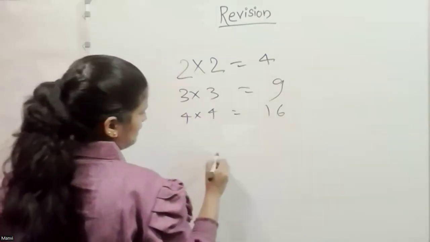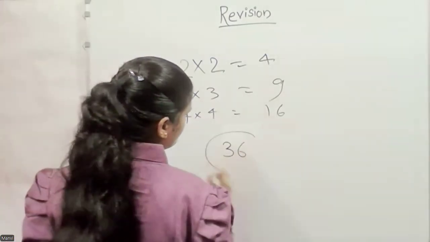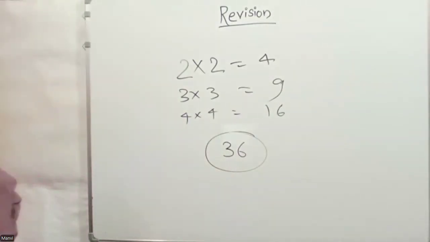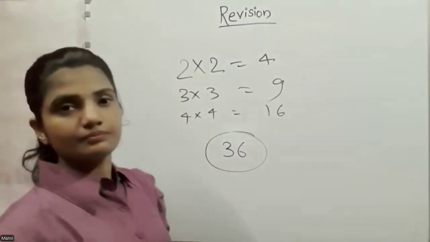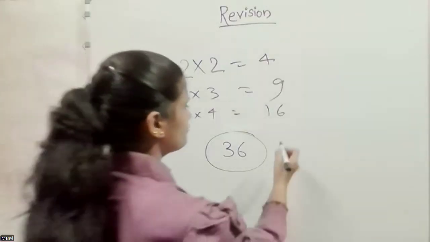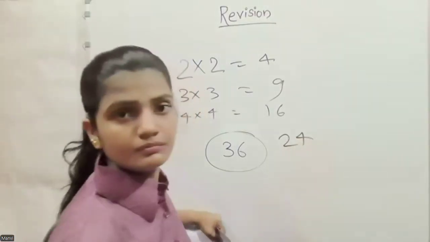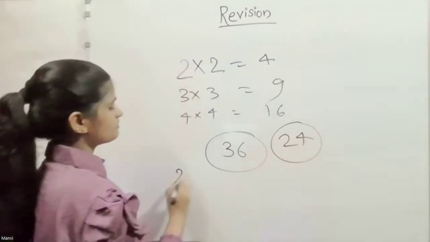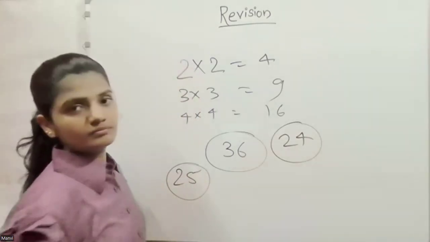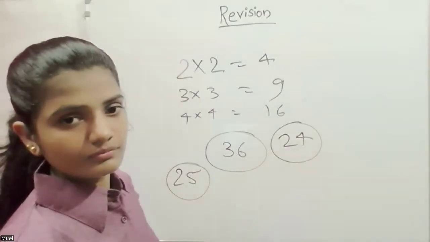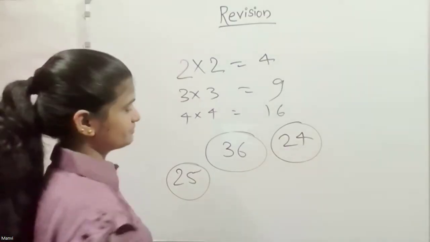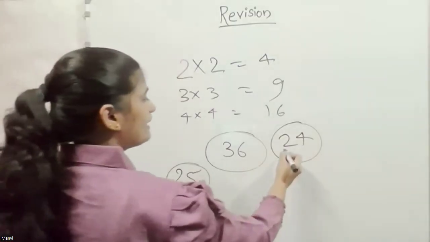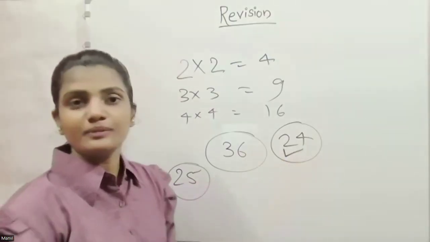Now, tell me, Kavya, is this 36 a square number or not? It is a square number. 24? It is a square number. Okay. 25? It's not a square. It is a square number. Why do you say 24 is a square number?